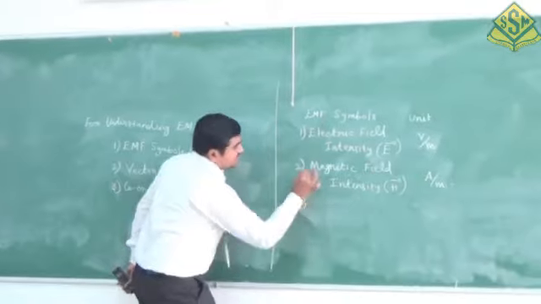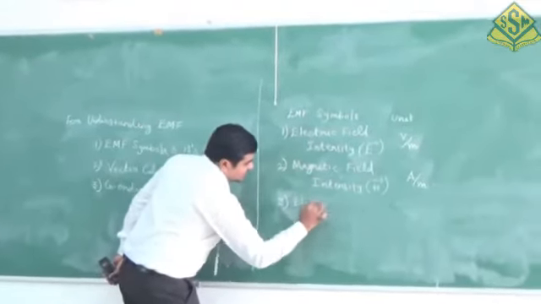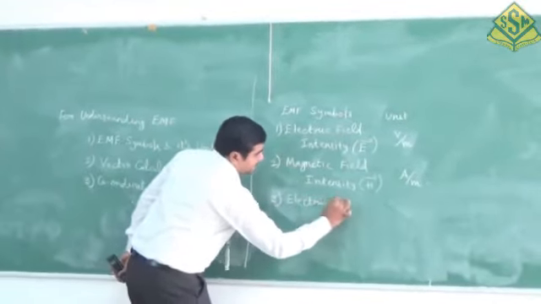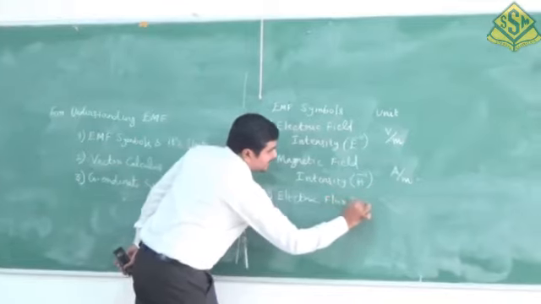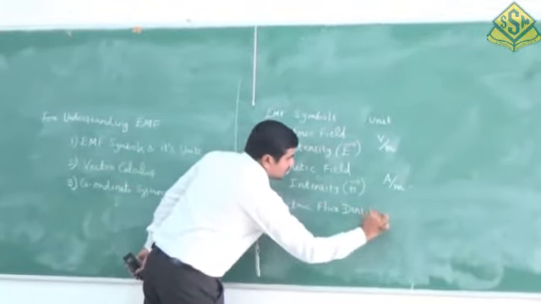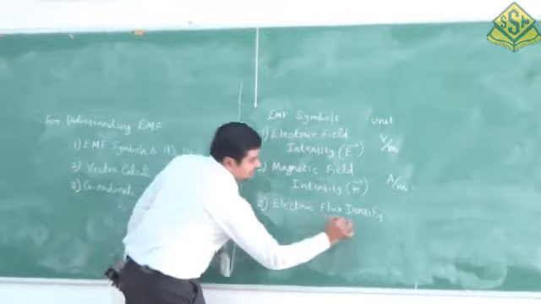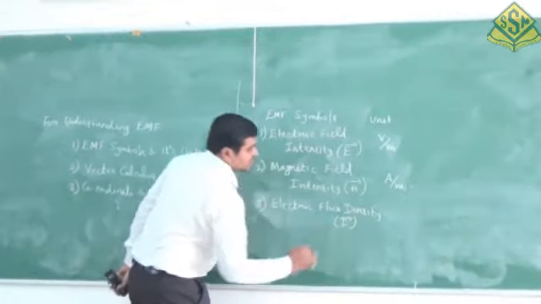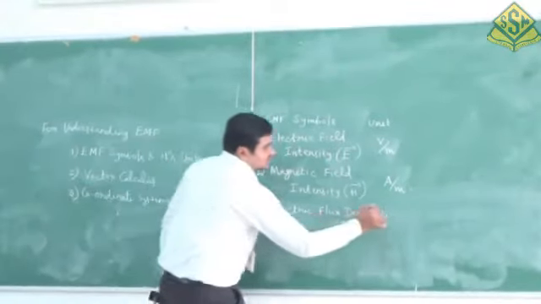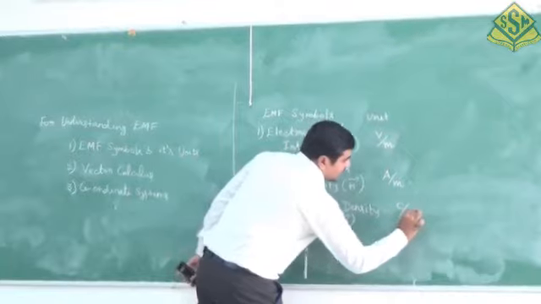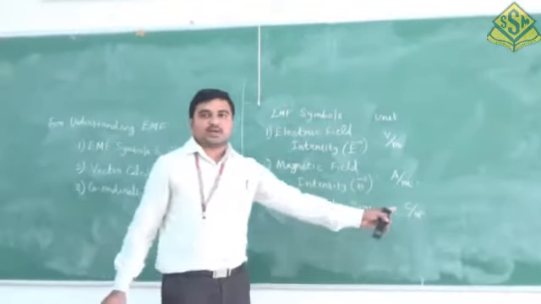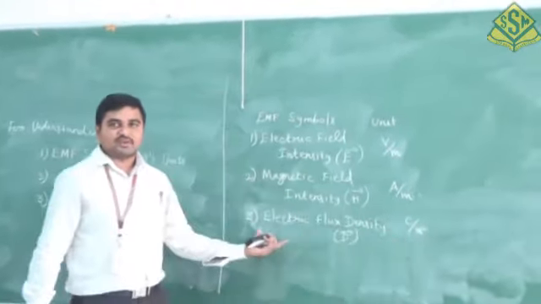So third one is electric flux density. Electric flux density is represented as capital D vector. Its unit is coulomb per meter square. That is charge per unit area is called electric flux density.